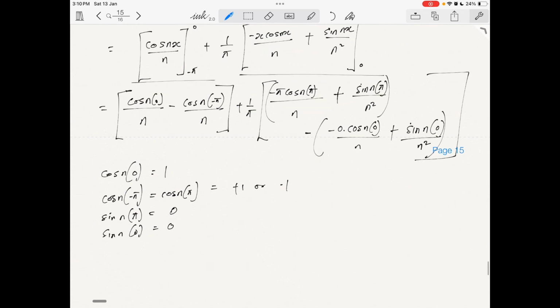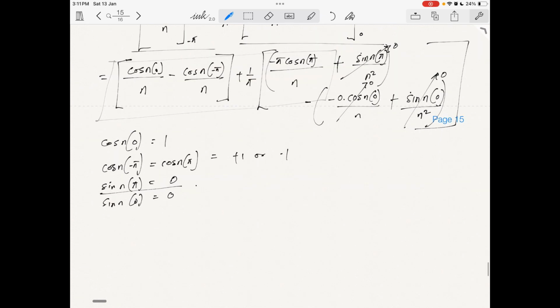So therefore, we can reduce it further and say this will become 0 because we are multiplying by 0 here. This will become 0 because sine n of 0 is 0. This also becomes 0 because sine n pi is equals to 0. So we are left with these three cosine functions.